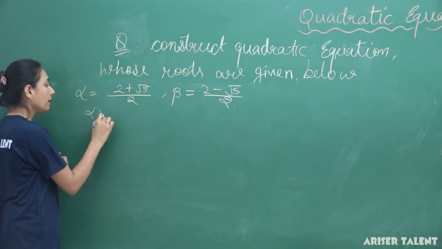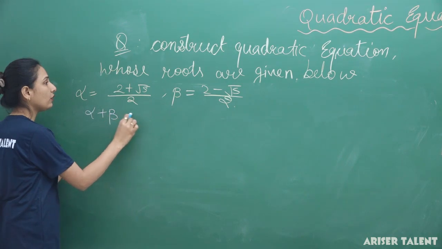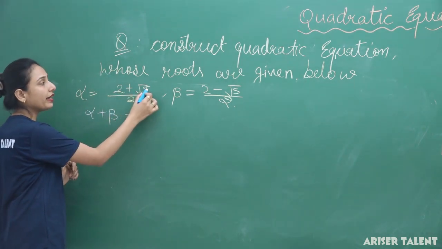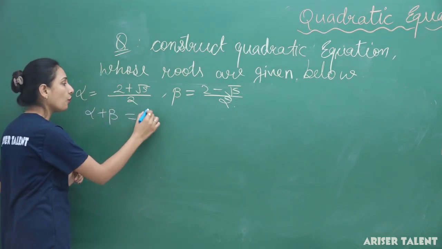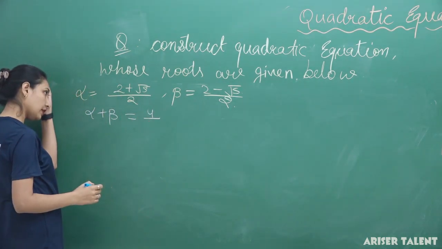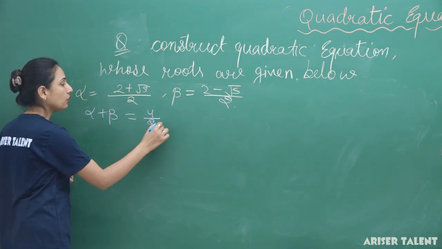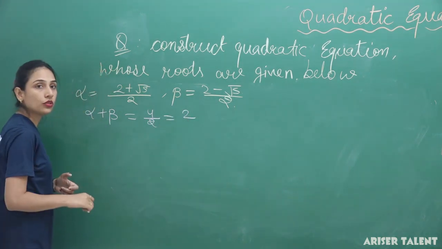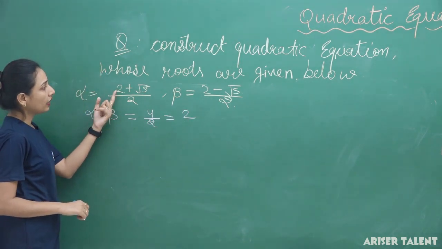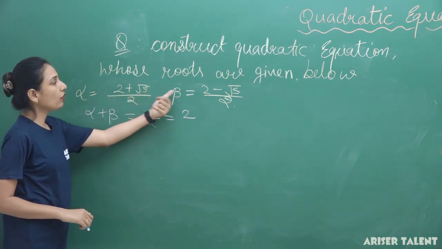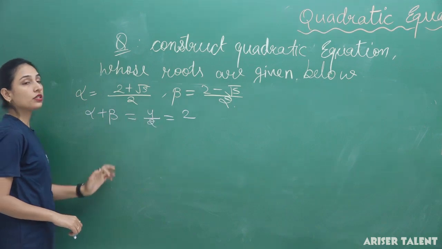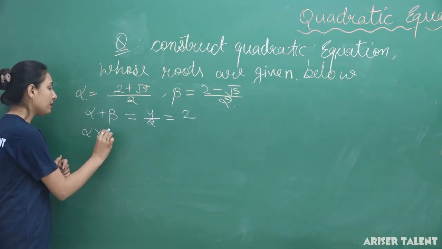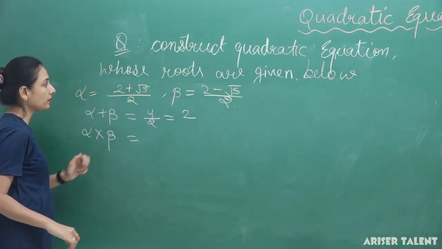Now, alpha plus beta will be equal to 2 plus root 5, 2 minus root 5, root 5 cancel, 2 plus 2 is 4, okay. So, that will be 4 by 2 equals to 2. So, the value of alpha plus beta is simply 4 by 2, which is 2. Now alpha multiplied by beta is equal to what?